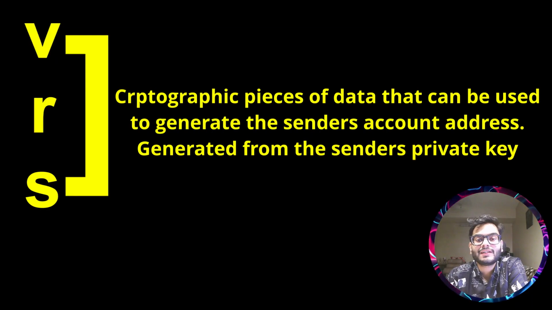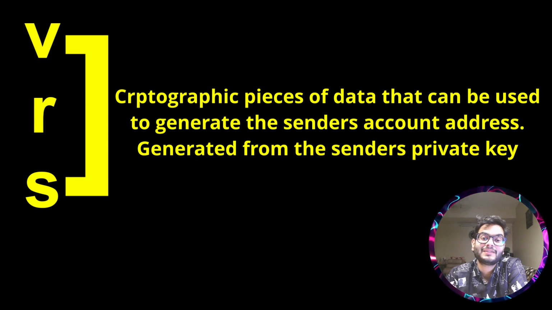Now, the last three properties, V, R, and S, are the cryptographic pieces that are derived from the private key of the sender. These three pieces can be used to derive a public key for the sender also. Put together, they just mean that this is the particular public key that is creating this transaction. Obviously, when we created our own blockchain, we just passed in the public key as it is.